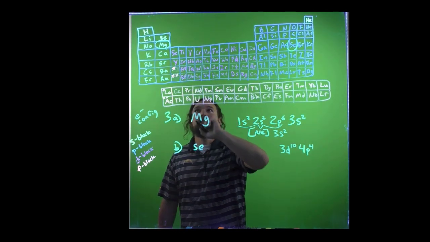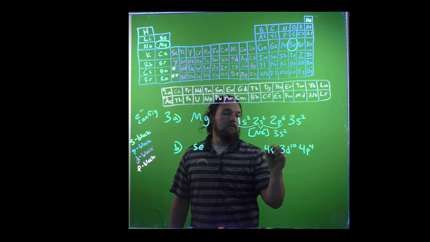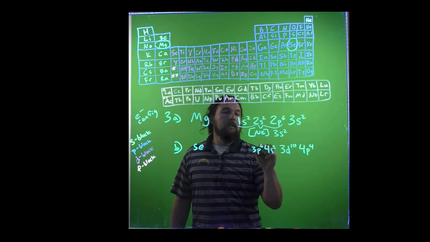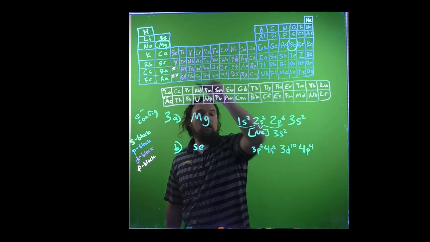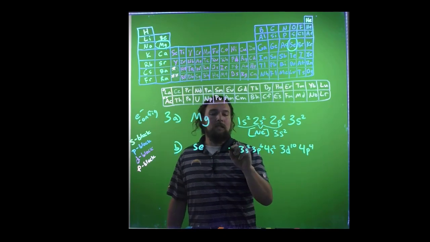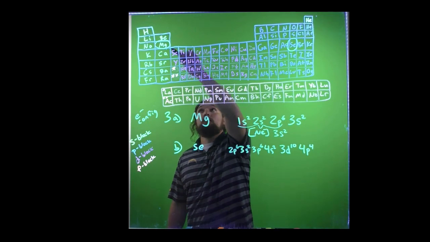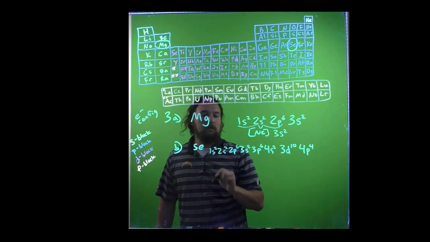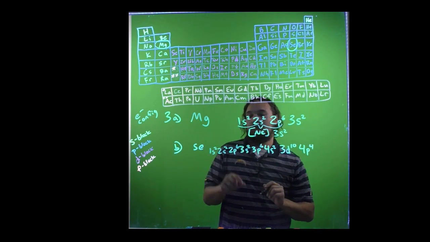Below that, it's 4s2, 3p6, 3s2, 2p6, 2s2, 1s2. So this would be the electron configuration for selenium.